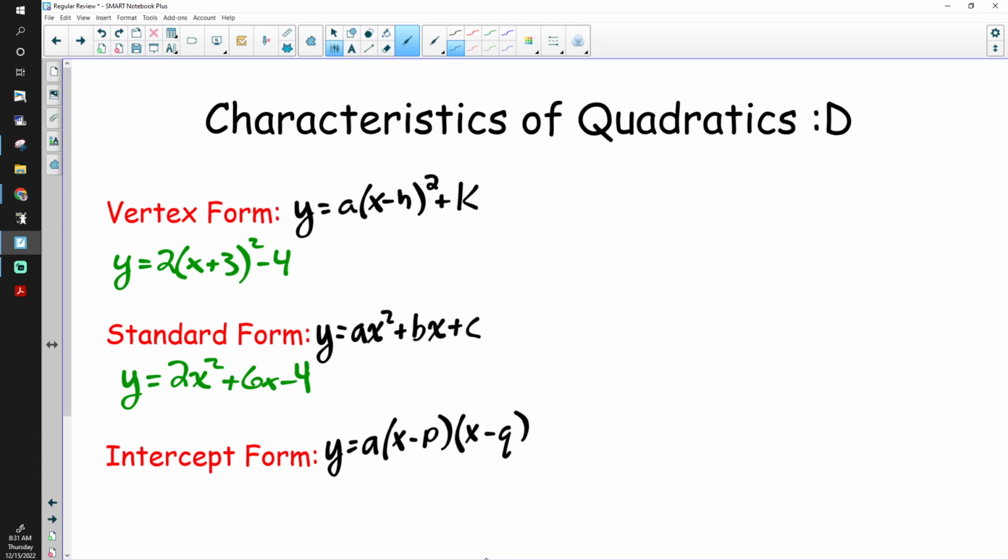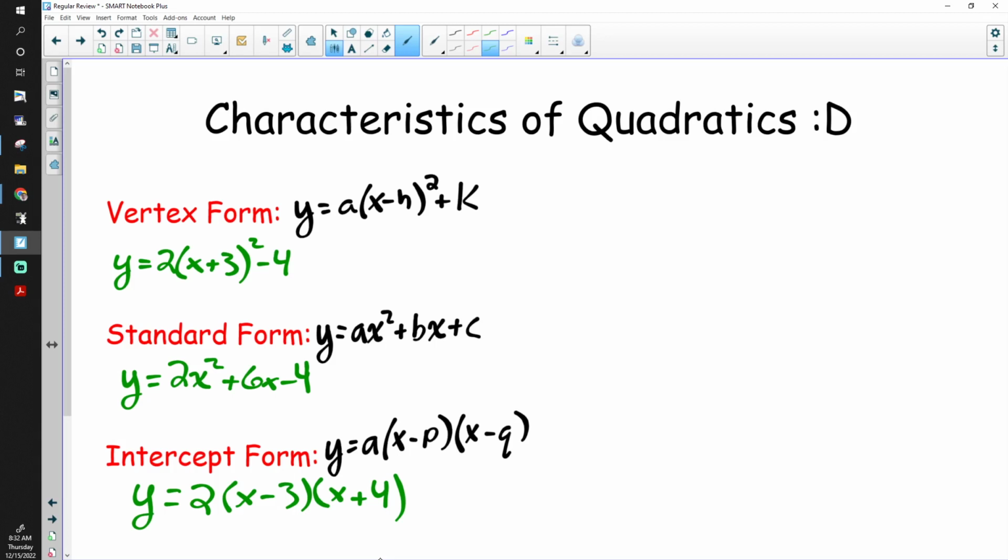That A is really our greatest common factor, but that's a lot like what we see when we're asked to factor a quadratic. Example might be y equals 2 times x minus 3 times x minus... is that P or Q? Oh, it's a PQ. Okay, there's an example of intercept form.